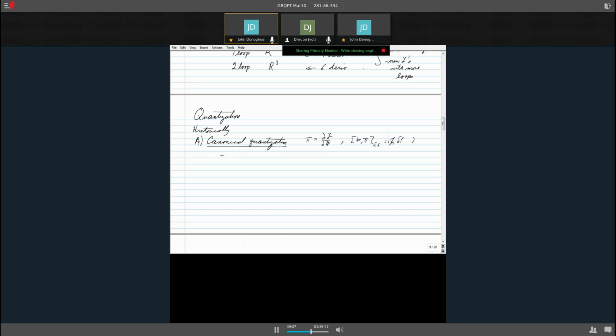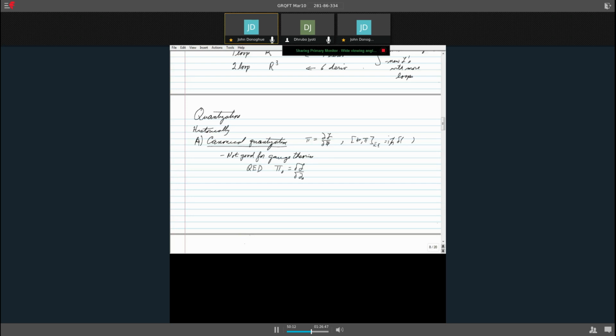Okay. So let me just close with a little bit of summary of philosophy and the like. So this section here was on quantization. And historically, there are two paths. There was canonical quantization. Okay.